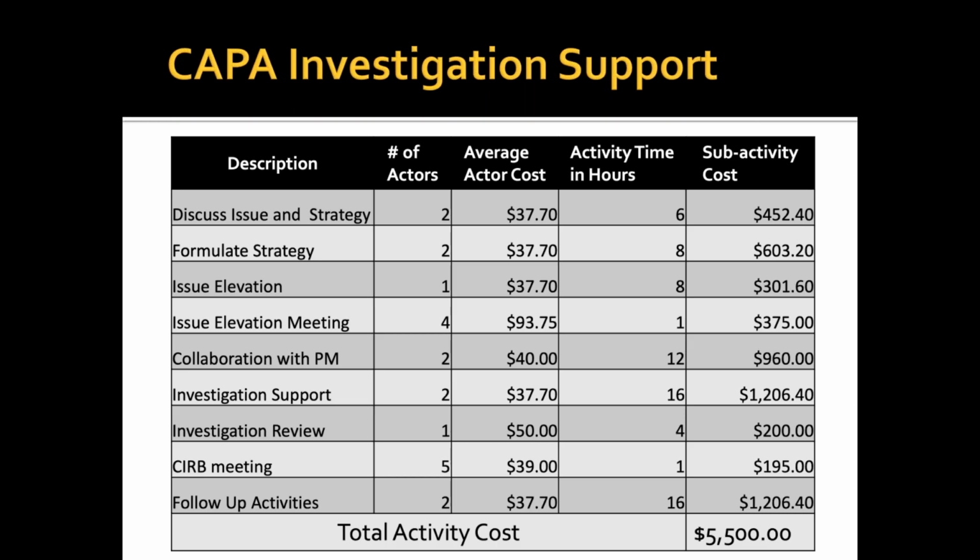These are actual numbers from a specific client. So how does this compare with one of your CAPA investigations? And how many CAPAs do you have throughout a product's life? Remember, this only shows the costs associated with supporting one investigation at one time.